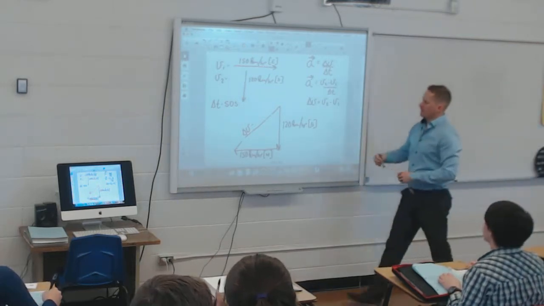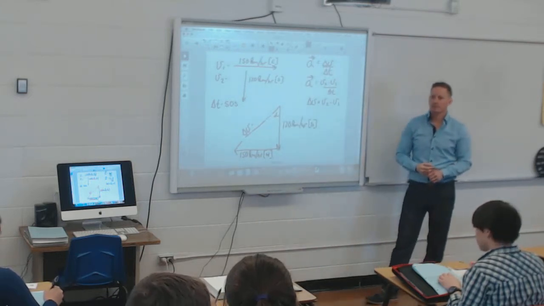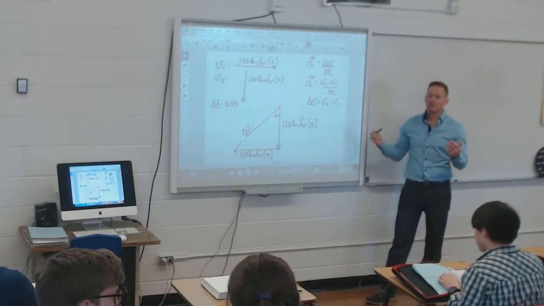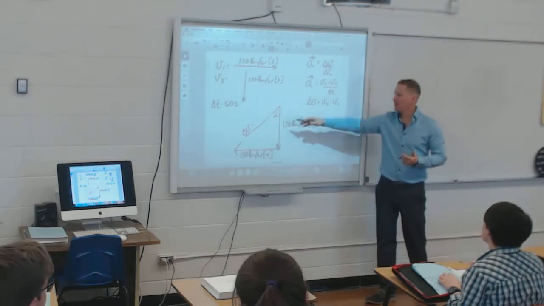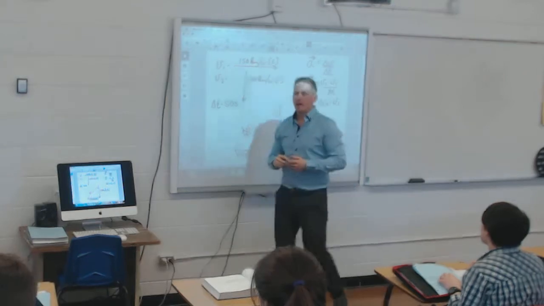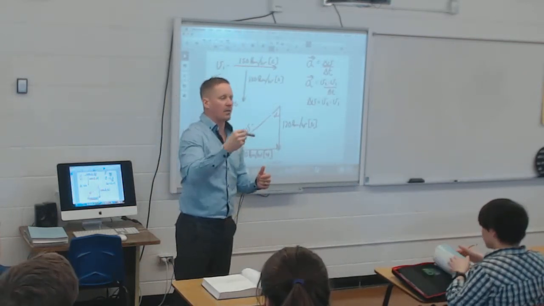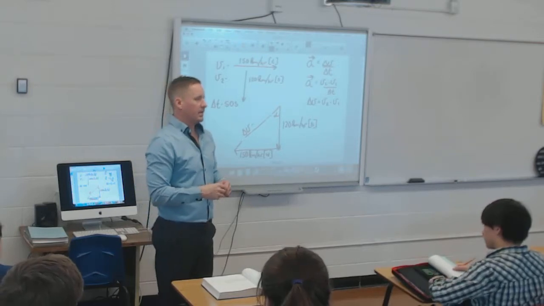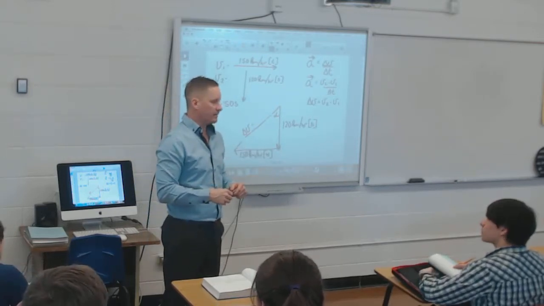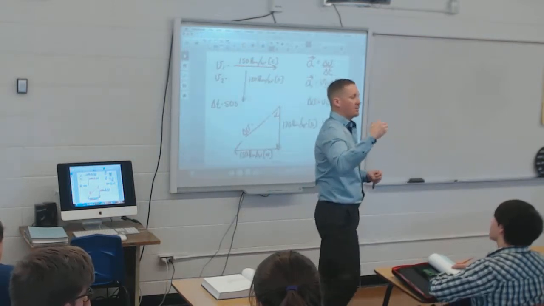Now, the other thing that you have to find is my direction. And then at that point, all I do is divide that value by my time. That's it. Now, we don't usually use kilometers per hour per second. We use meters per second squared. But in this case, it's okay to use kilometers per hour per second.